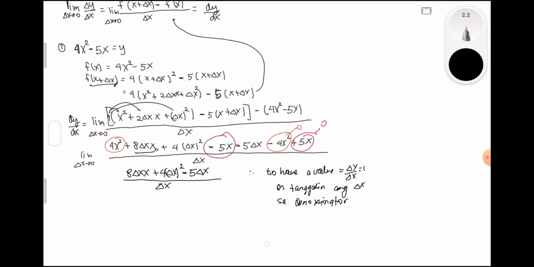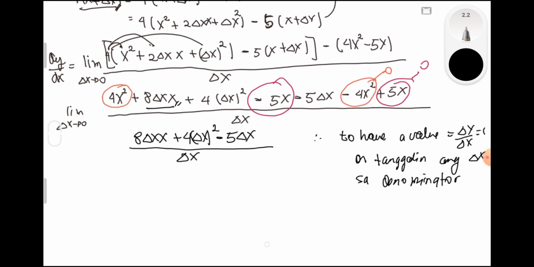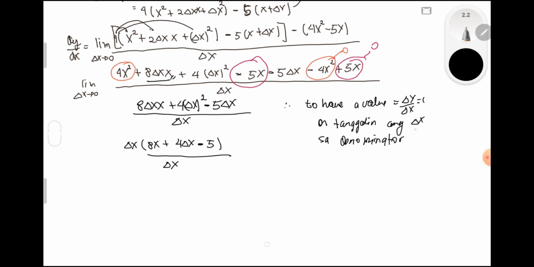Magkakaroon ka ng solution. So from that, we can factor out already our delta x. So we'll have 8x plus 4 delta x minus 5 divided by delta x. So in order para pag natanggal natin yung delta x natin, so mararadicate natin yung ating indeterminate.